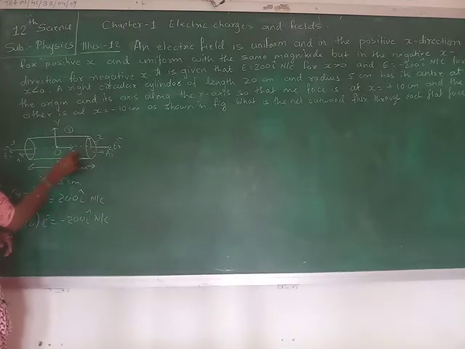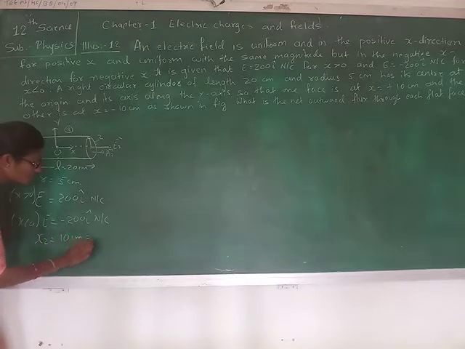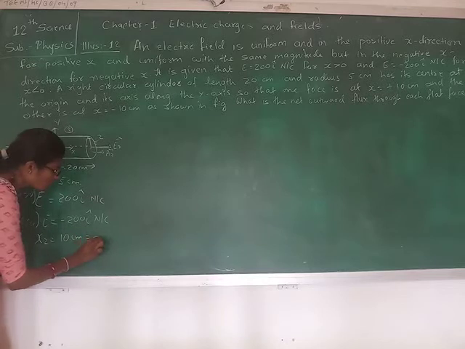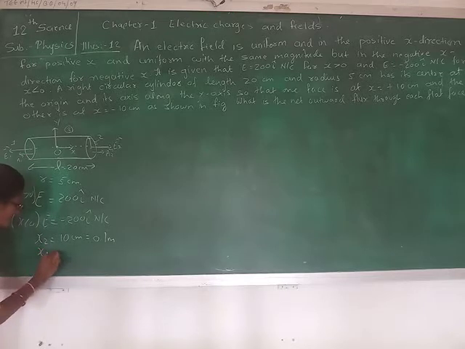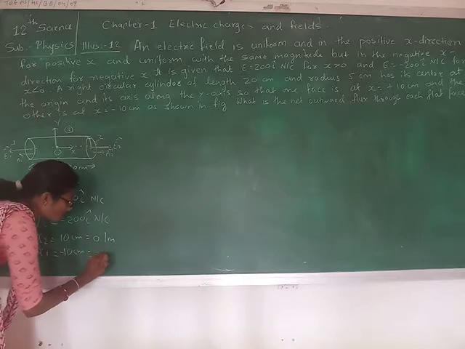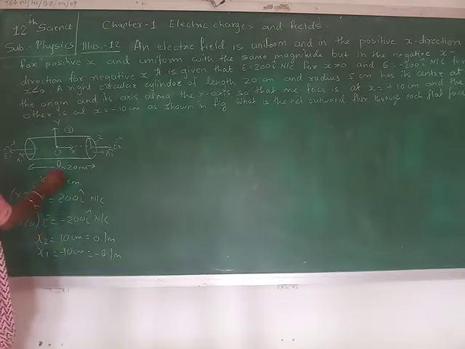Then we have the distance from origin to the second end, so let us write x2 equals 10 cm. Converting that into meter, that will be 0.1 meter. In the same way, from origin to this face, let us denote it by x1. It is minus 10 cm, that is minus 0.1 meter. This minus just shows the direction.